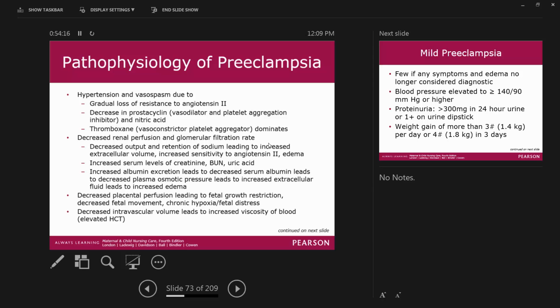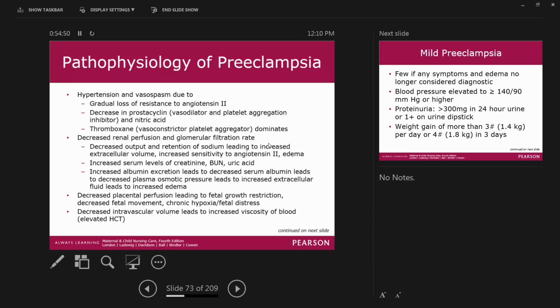So it's a double whammy. I'm not going to test you on these specifics, but I want you to have a basic understanding. Because our glomerular filtration rate is hampered, we're not excreting our creatinine, BUN, and uric acid, so those build up in our blood.